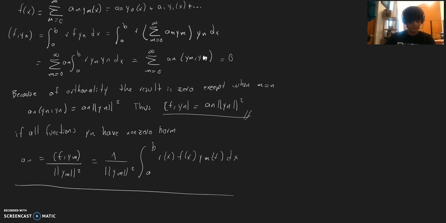So in this way we can also obtain the coefficients of the given series, and thus we can also obtain the coefficients of a Fourier series, considering that f of x is actually a representation of a Fourier series. And that's all.